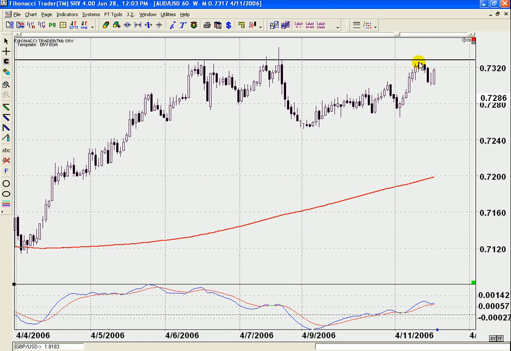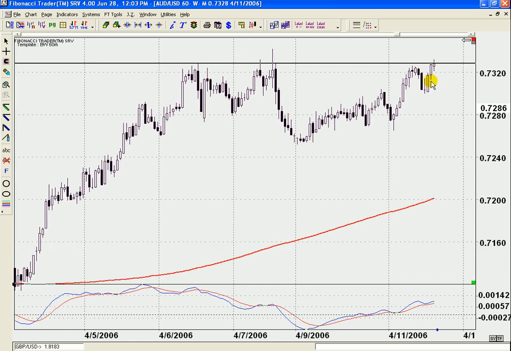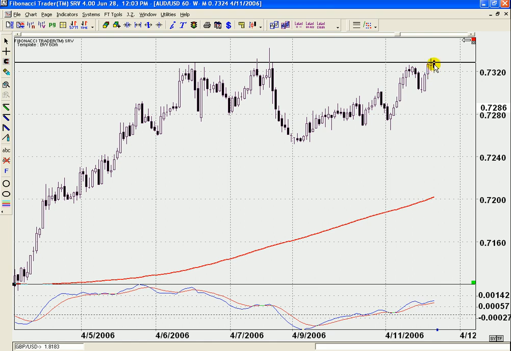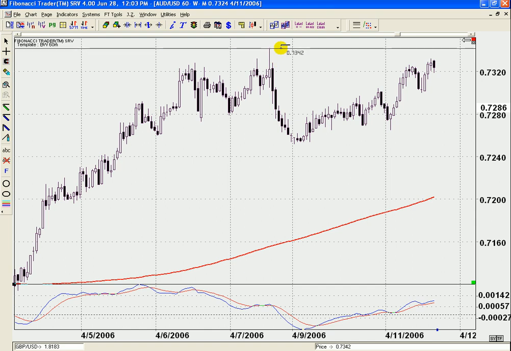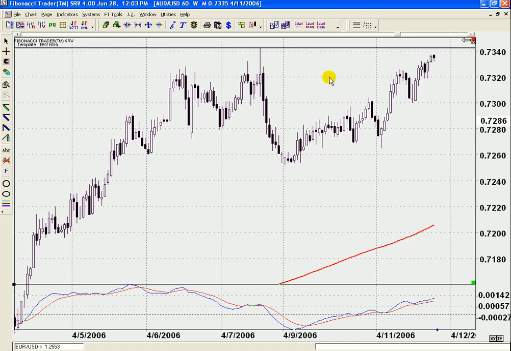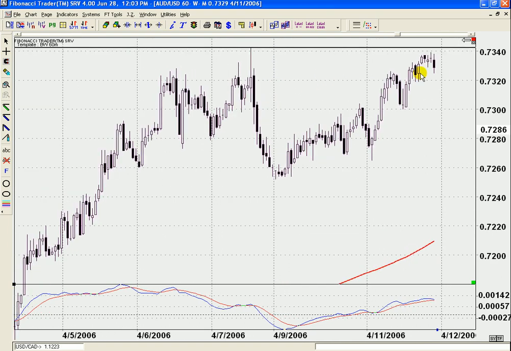This is the height of the London session, and price is making attempts, again, attempts at new highs here. Now the high is up here, and you see it's a pretty steady trend. We are getting late into the session, so it failed to make a new high during the height of London and the New York sessions here.